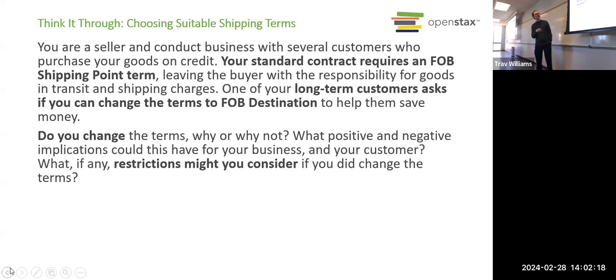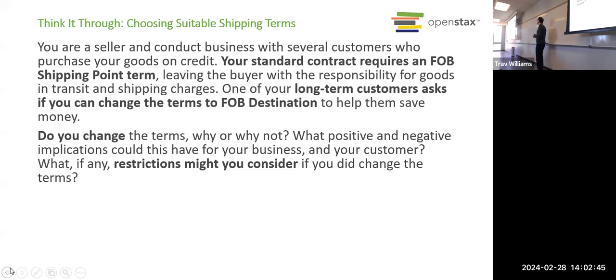If we do change the shipping terms, so if we do agree that we will now cover the shipping costs for this customer, what kind of requirements might we put on that arrangement? Sign an NDA? Have them sign a non-disclosure agreement so they're not allowed to tell anybody that they're getting free shipping from us, okay?